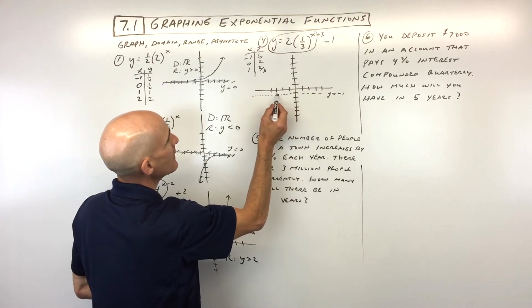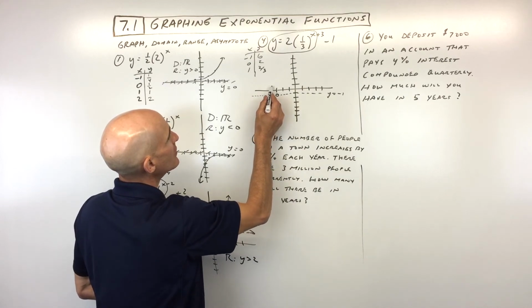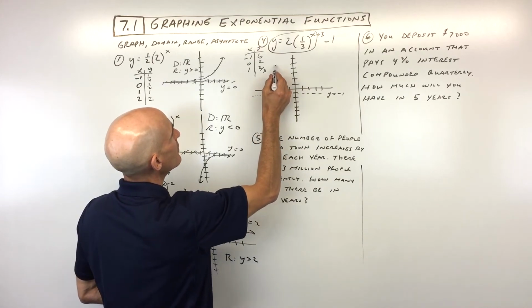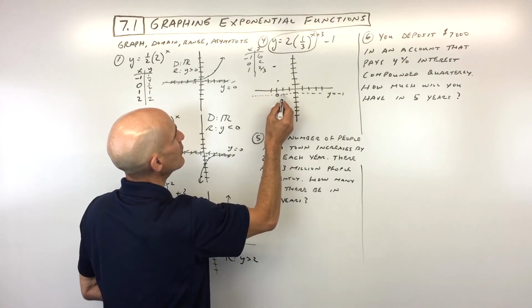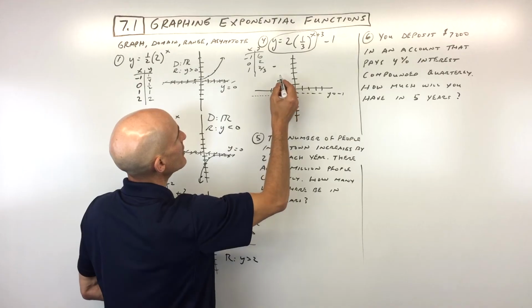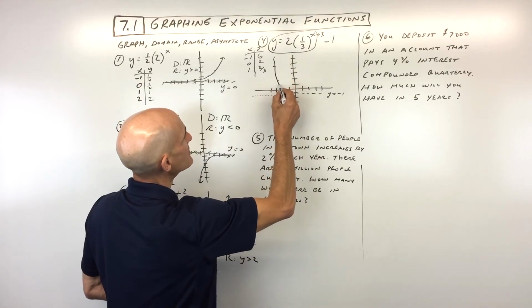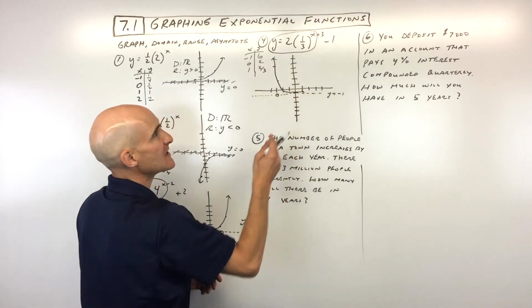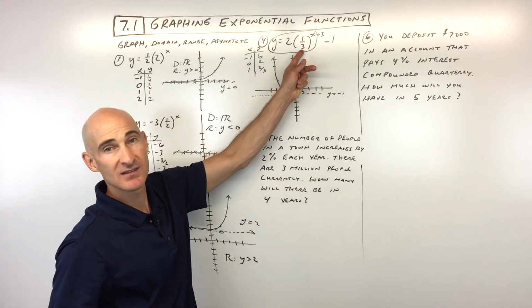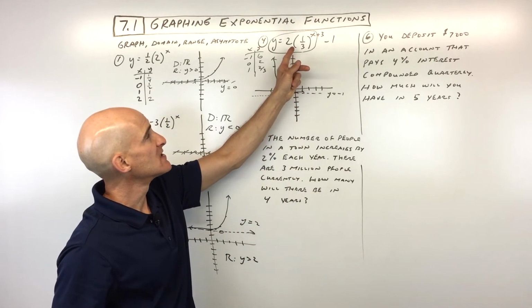So from here, left 1, 1, 2, 3, 4, 5, 6, right about there. 0, 2, right about there, and 1, 2/3 right about there. So what's happening is this graph is going down to the right. It's an exponential decay because the base is between 0 and 1. Sometimes people get confused.